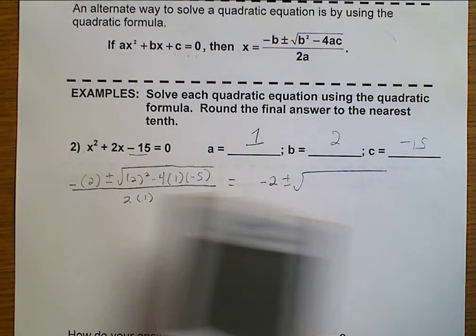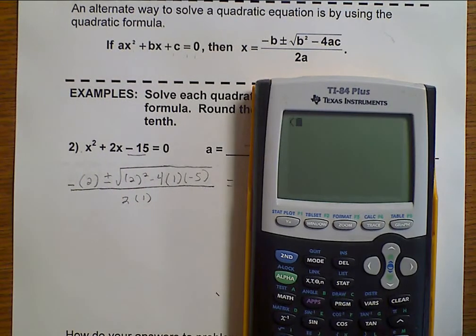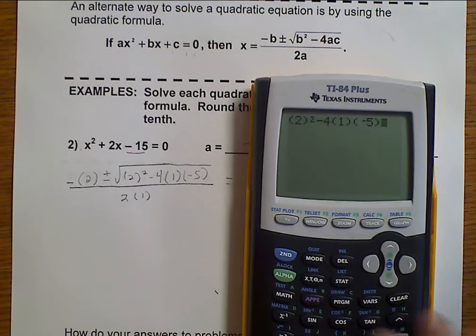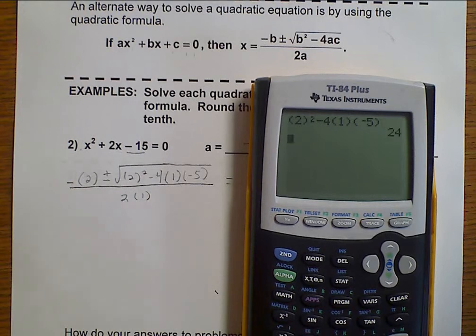So over here in my calculator, I'm going to put 2 squared minus 4 times 1 times negative 5. That's everything that's up here. When I do that, I get 24.